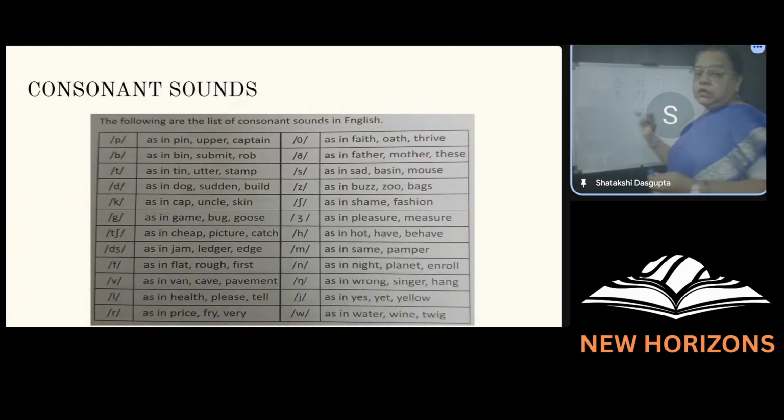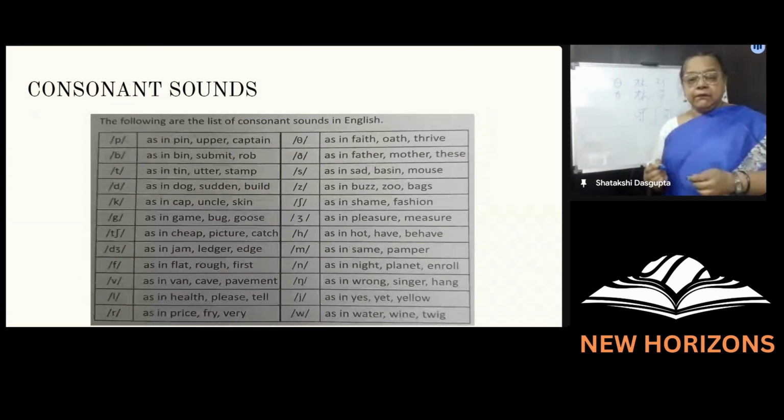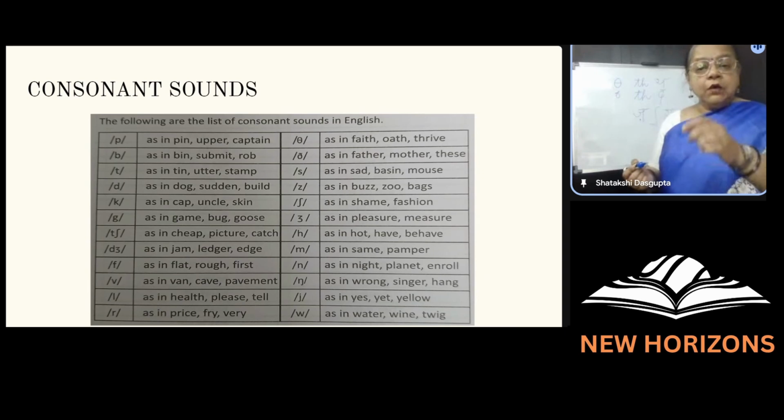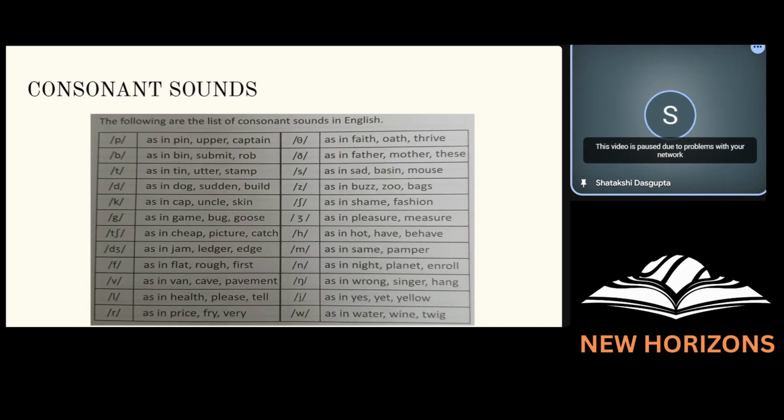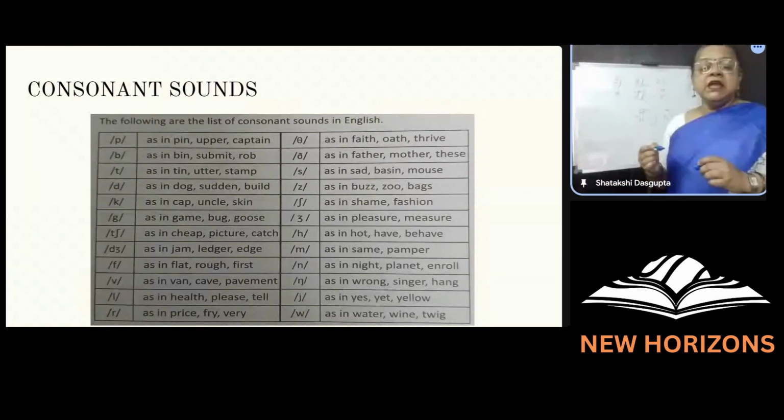The next one, this symbol stands for talavya sha: passion, shame. Now the Urdu Z that you're talking about: pleasure, measure. Did you get the difference? Next, ha: hot, have, behave.